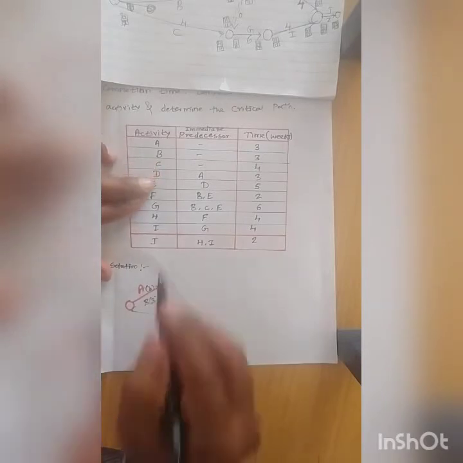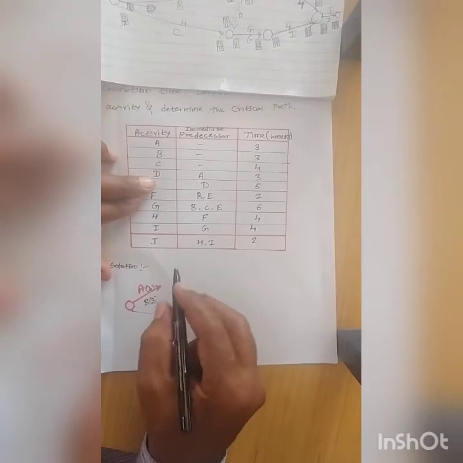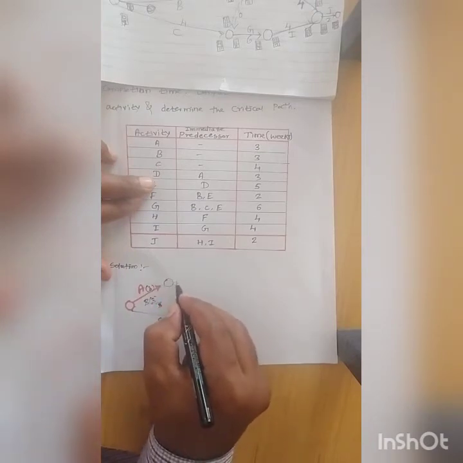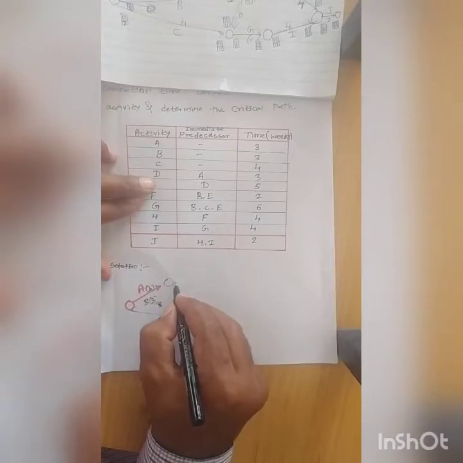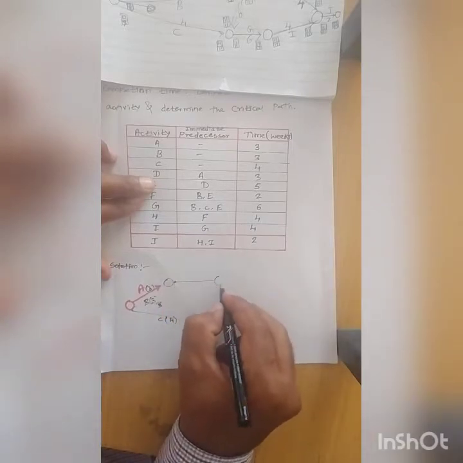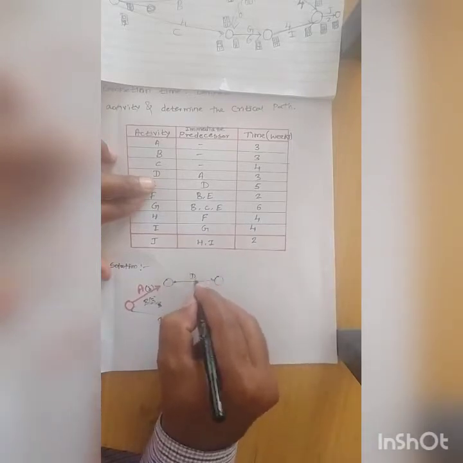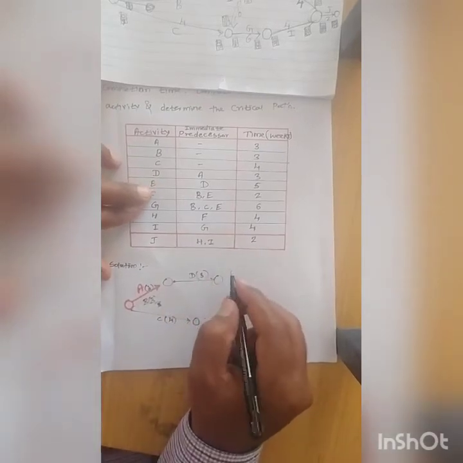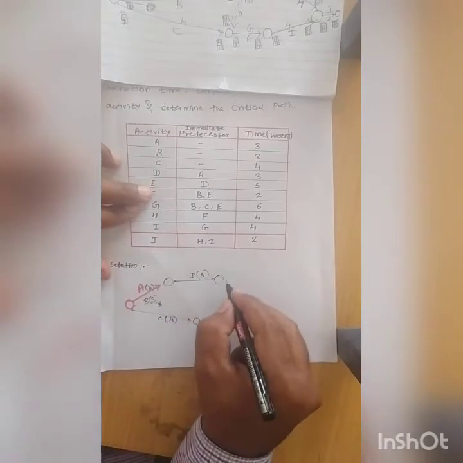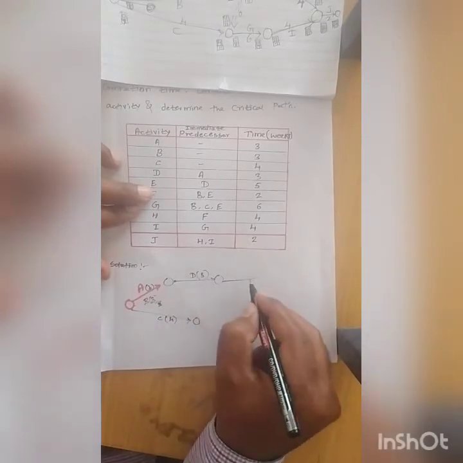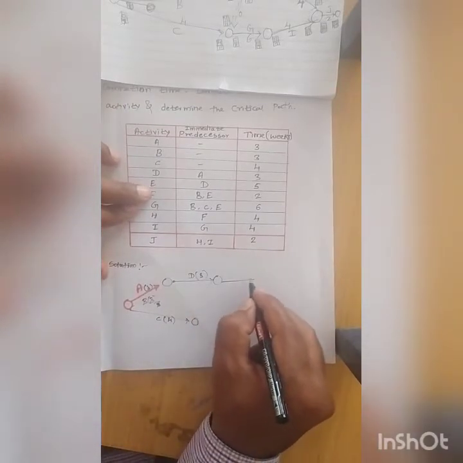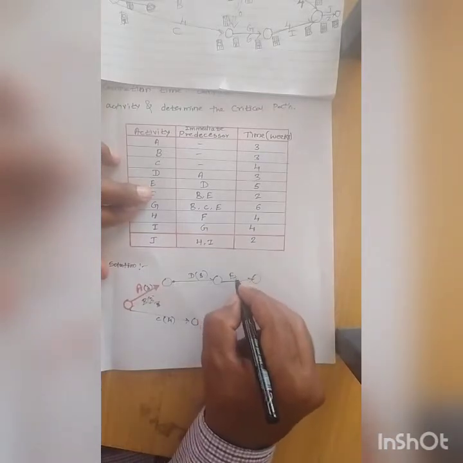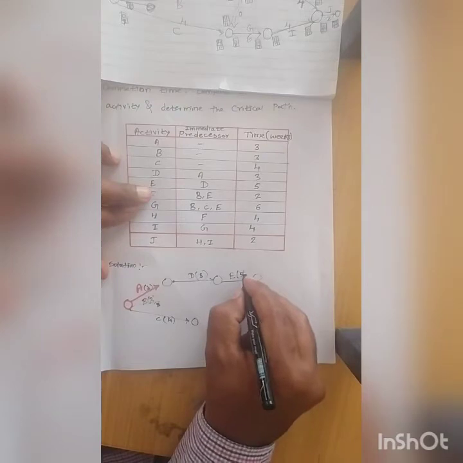Next, activity D, the predecessor is A. I will draw the arrow, it is D, the duration is 3 days. Activity E, the predecessor is once again D, the duration is 5 weeks.